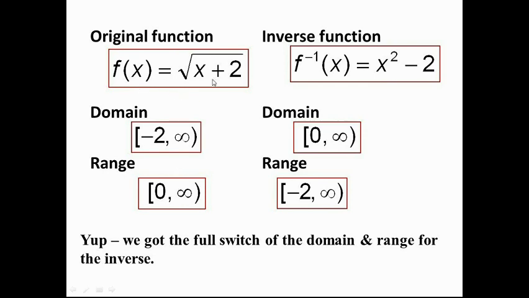This is a simple function, square root of x plus 2, and we know that in such a type of function we can use any value except certain values. Its domain must start from -2 to positive infinity, and at -2 it is a closed interval.